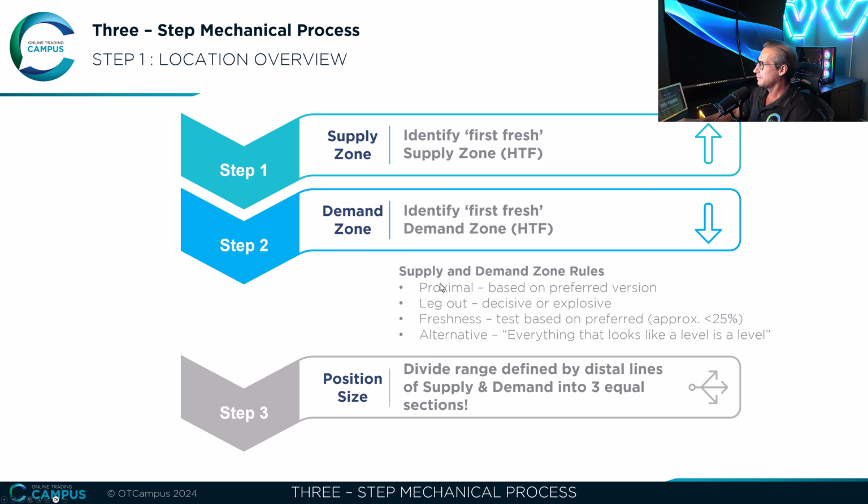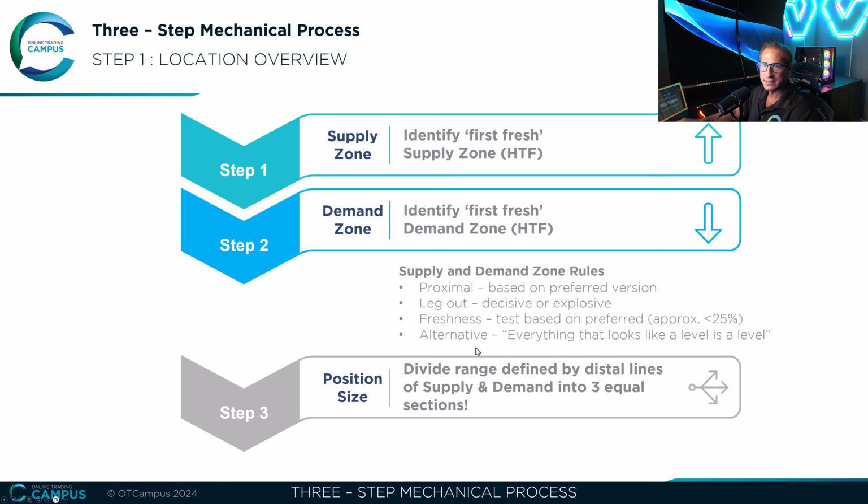Now, how do we draw the zones? Proximal based on preferred version. Leg out has to be decisive or explosive. Of course, we have again some proper rules for every single step here. And there's an alternative rule that we might not cover today, because sometimes it's really hard to identify demand or supply on that higher time frame, because nothing really fits these rules.